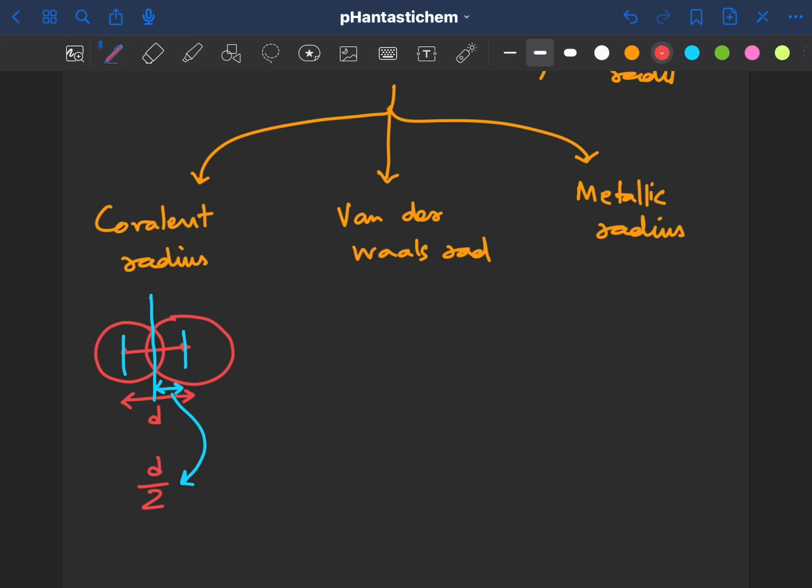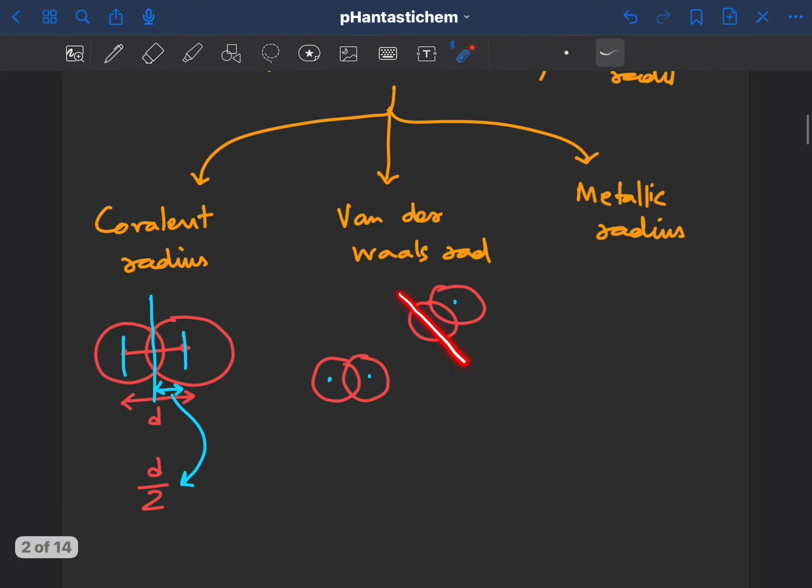Van der Waals radius is between atoms which are non-bonded to each other. Let us say, for example, this is the nucleus of these atoms.